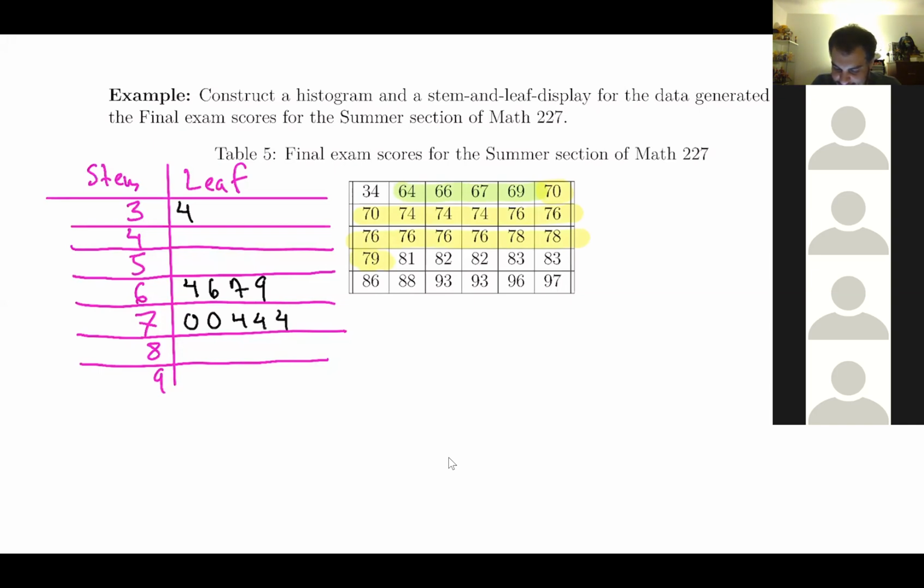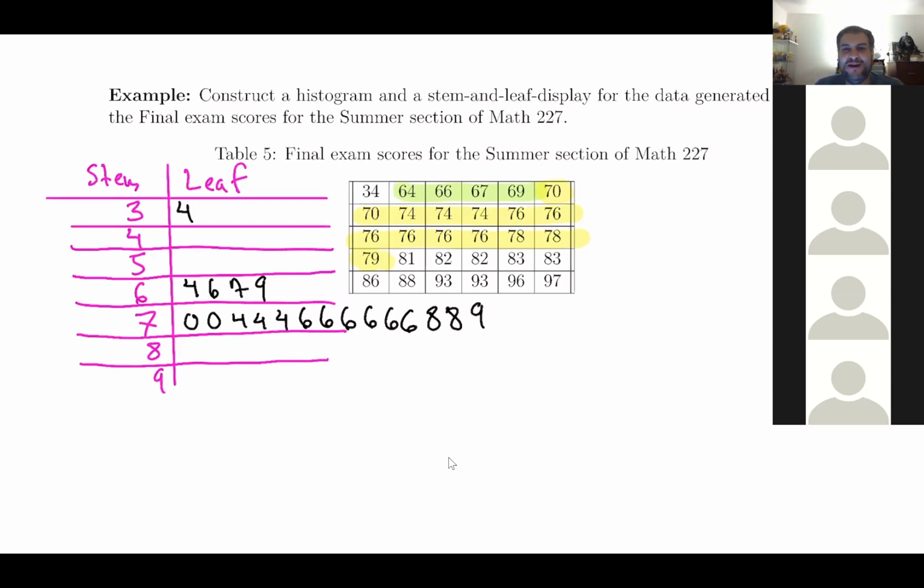Then you have 1 2 3 4 5 6 76s. You have 2 78s, so 8 8, and 1 79. Is that the right column? Oh no, it wasn't the right column. Yeah, I had to change it to the 6.